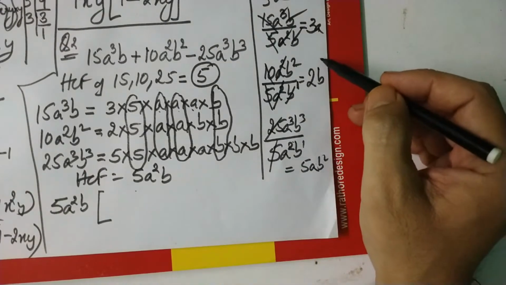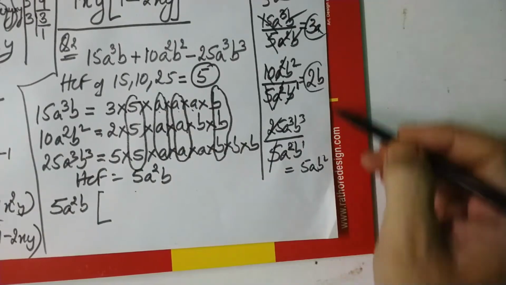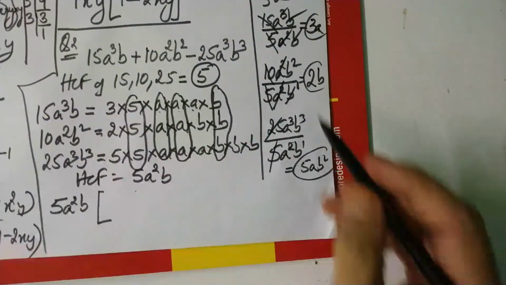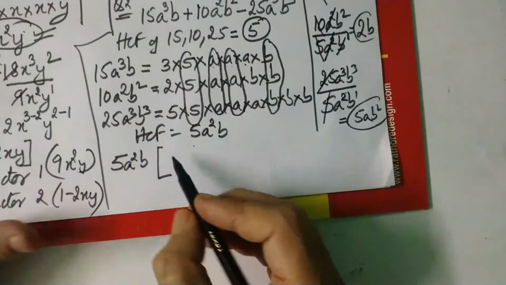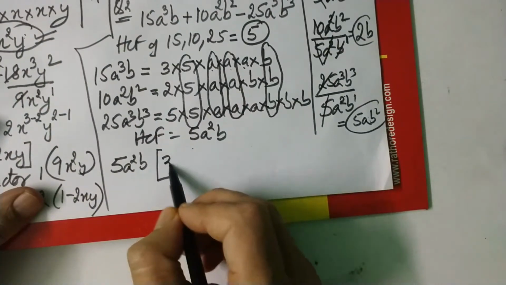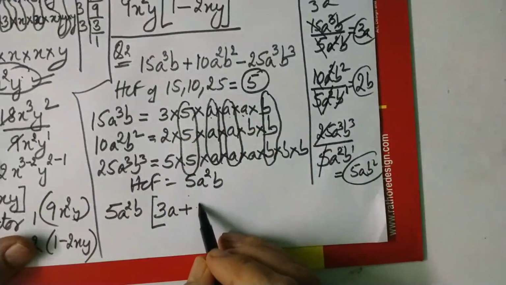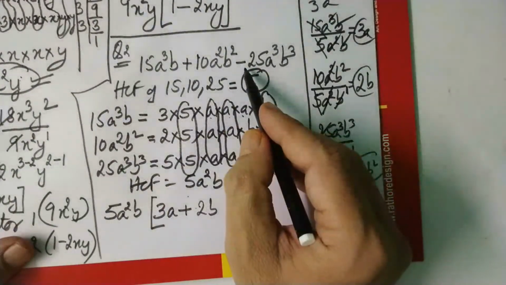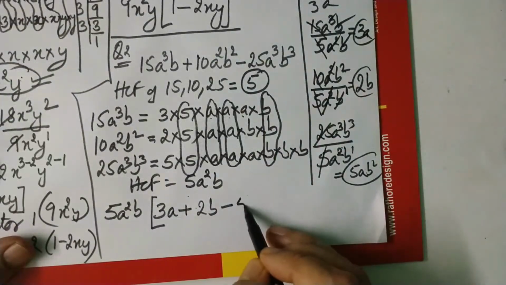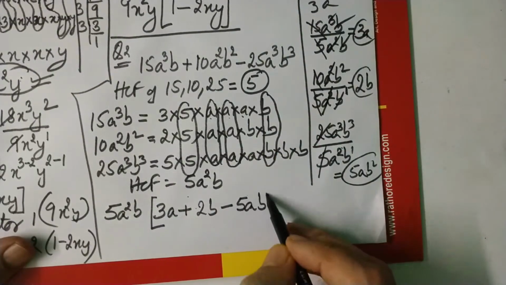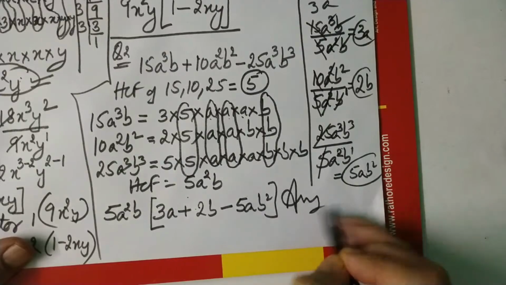So I have got three numbers after dividing, and these three numbers are written inside the bracket, and that is your answer. So 3A plus, there is a plus sign, so I will put plus, so it will be 2B. There is a minus sign, so I will put minus here, and it will become 5AB square. This is the answer.